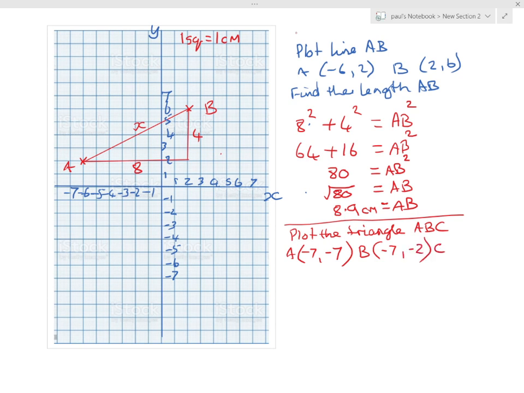And C is minus 1, minus 7. So let's plot these and hope we come up with a triangle. So minus 7, minus 7 is there, which is A. Minus 7, minus 2 is there, which is B. And C is minus 1, minus 7, which is down there as C.